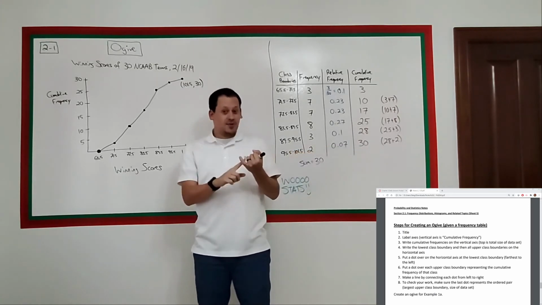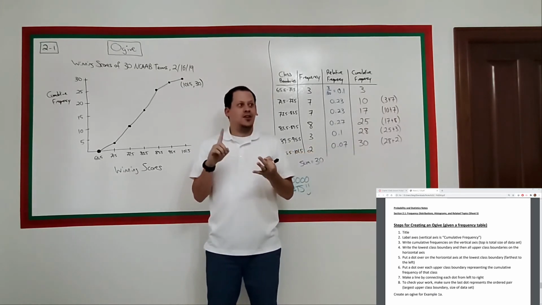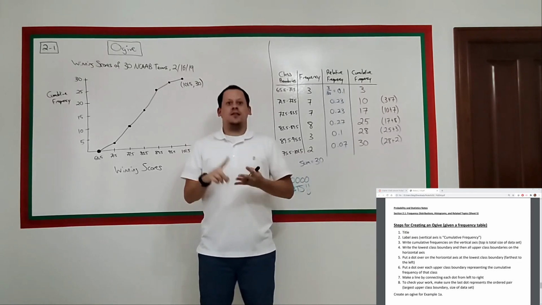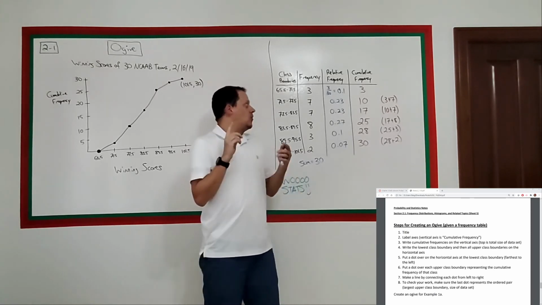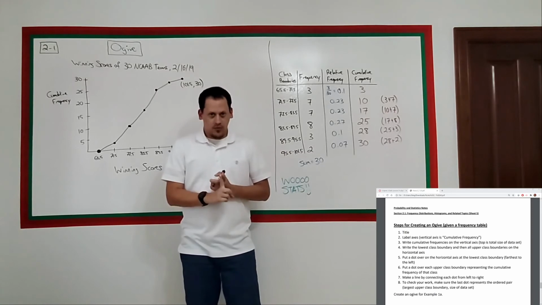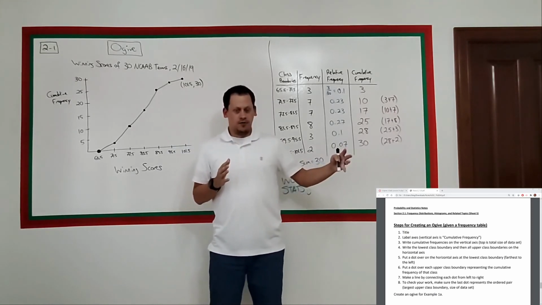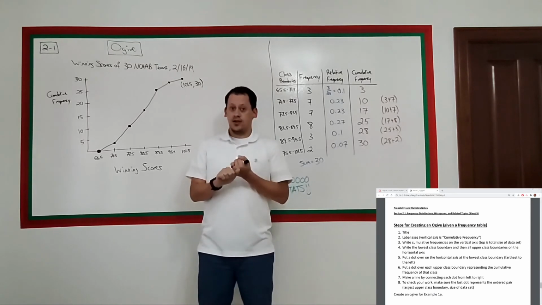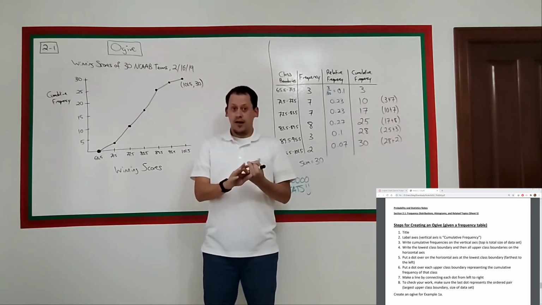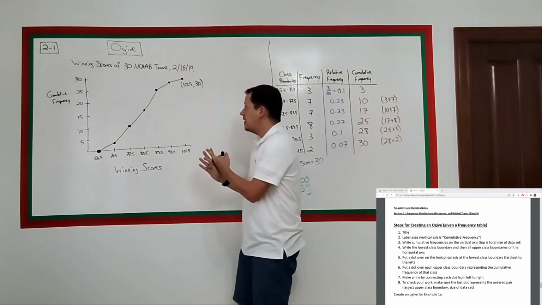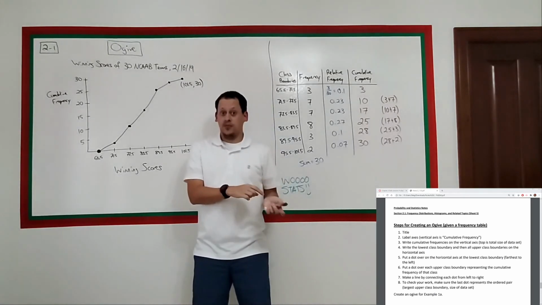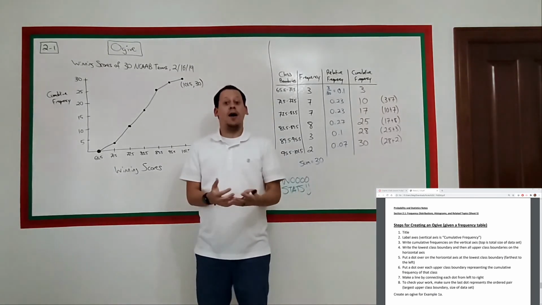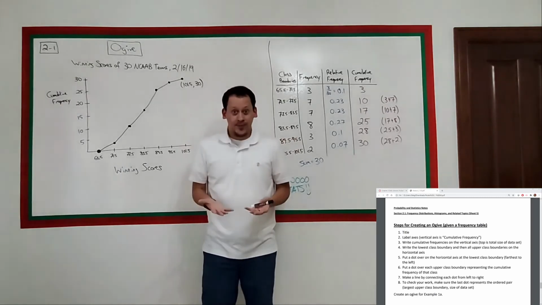You've got your class limits, your class boundaries, your frequencies, your midpoints, your relative frequencies, and your cumulative frequencies. All of those columns in your frequency table. You also know how to create a basic histogram, a relative frequency histogram, and now an ogive.